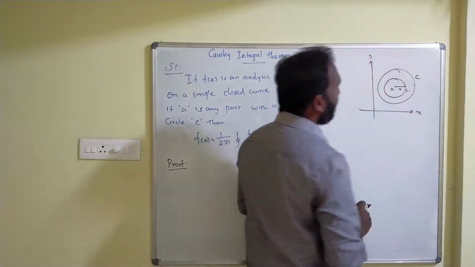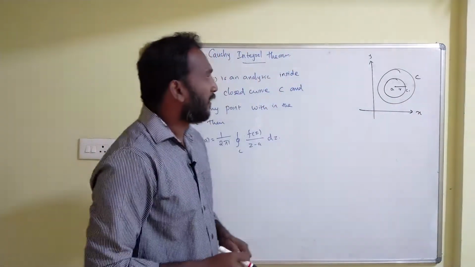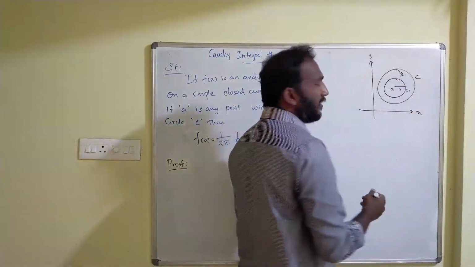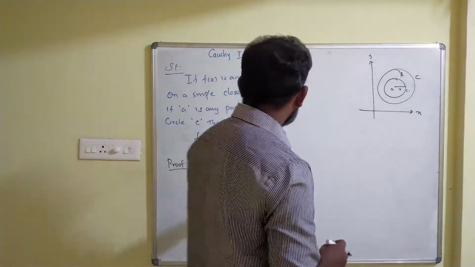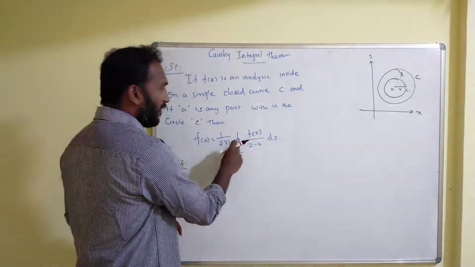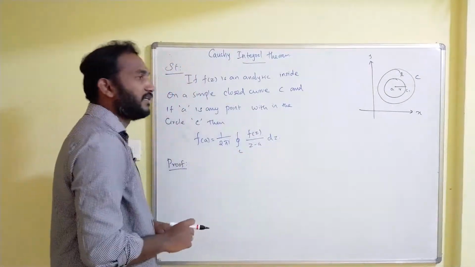The point A is the same, and I'll call this C1, the other circle. This is the region, capital R, or we can take it as D, called the annular region. Now we need to prove that f of a is equal to 1 by 2 pi i integral over C of f of z divided by z minus a into dz.